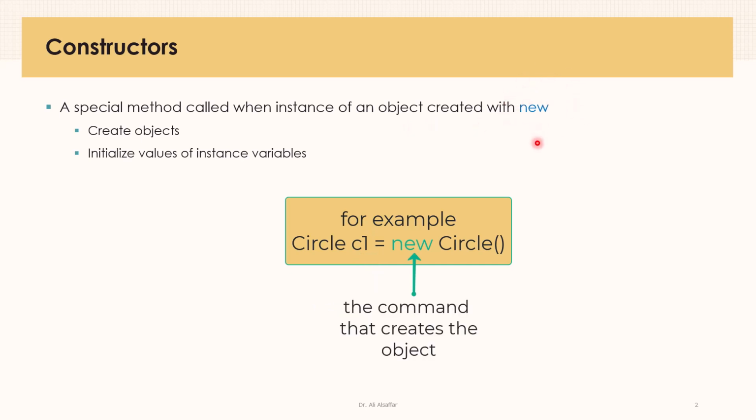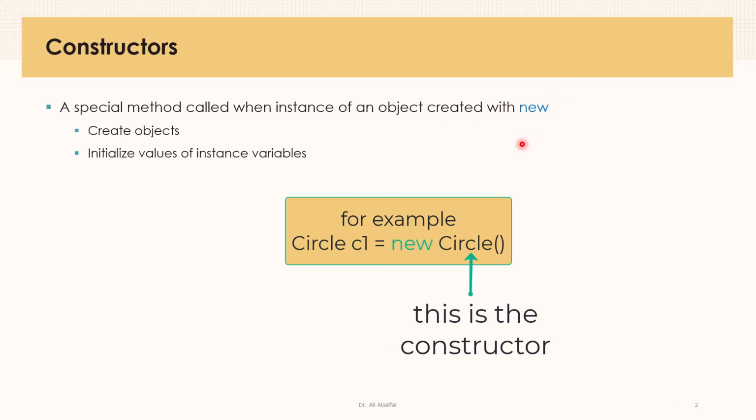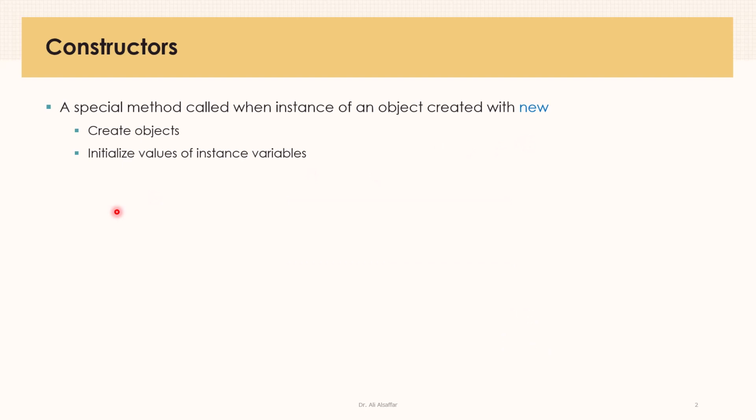What comes after new will be the name of the constructor. So what does the constructor do? It first creates the object, and at the same time it is used to initialize the values of the instance variables.